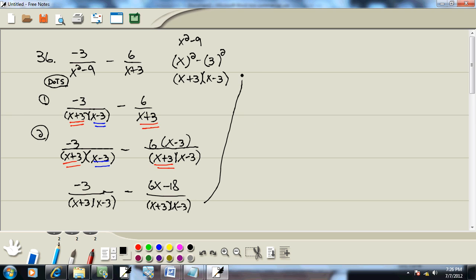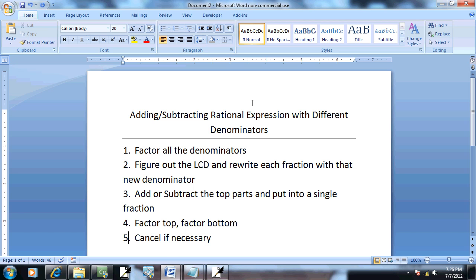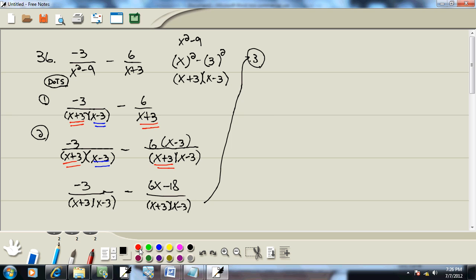Okay, step 3. Add or subtract top parts and put into a single fraction. Whenever you have a negative out in front of a fraction, it's going to flip the sign of all the terms up on top. So this negative out in front of the second fraction is going to flip the sign of the 6x and the negative 18.